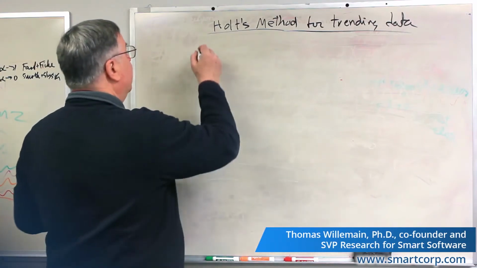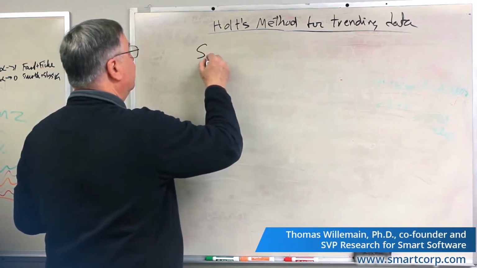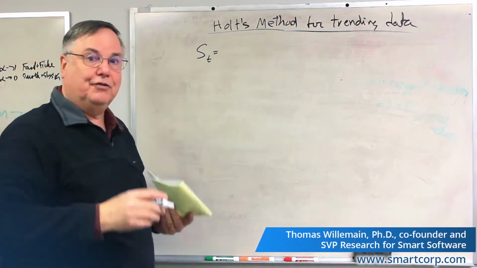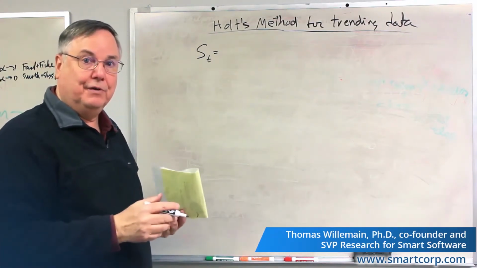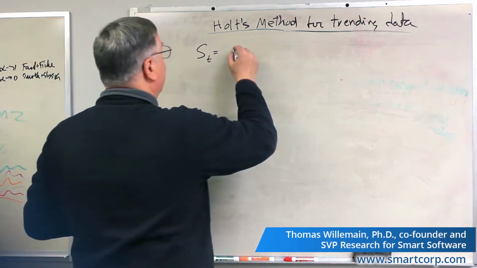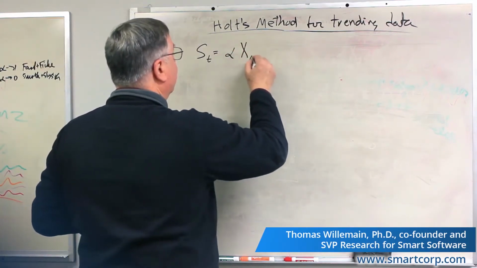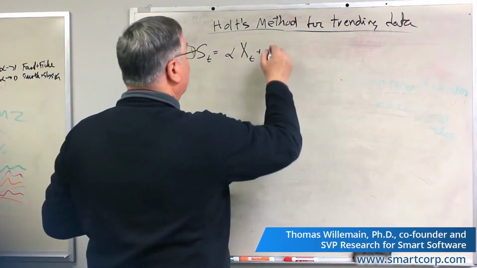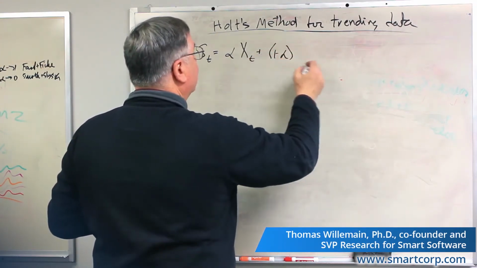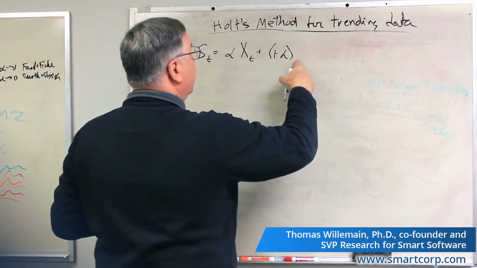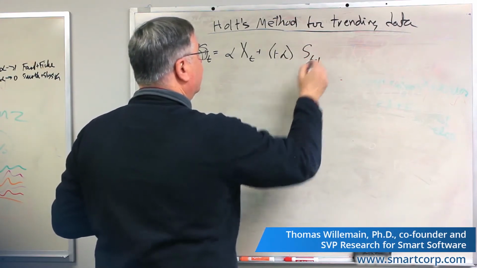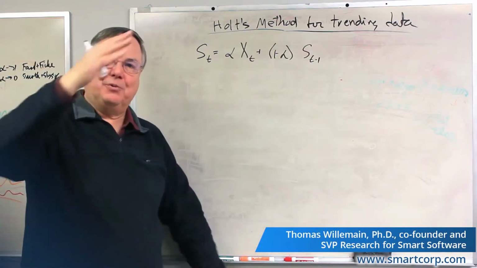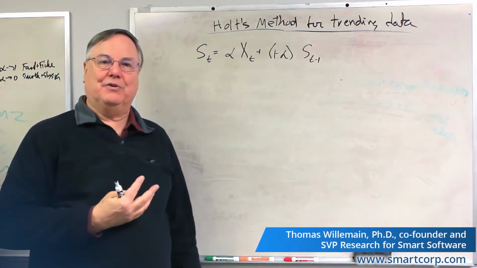So we have a smooth at time t again, and it looks almost like the previous equation. We have alpha times the current actual data value, and then we have 1 minus alpha times something else. And that something else used to be the previous smooth. But if we have trend, the previous smooth is obsolete.